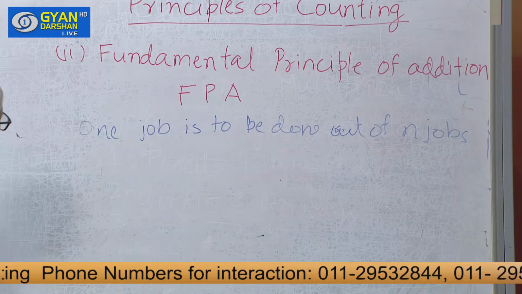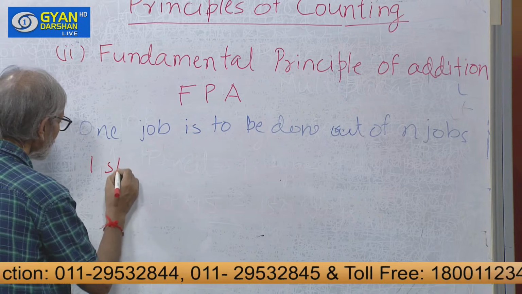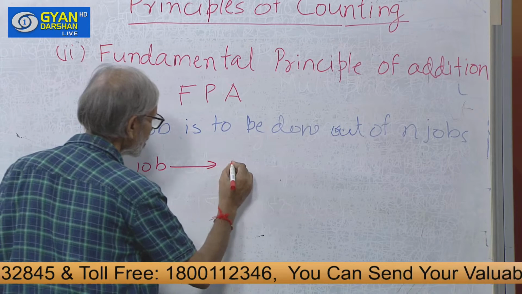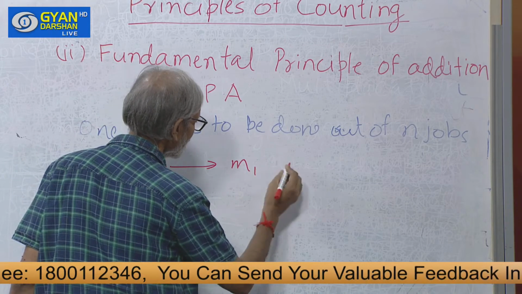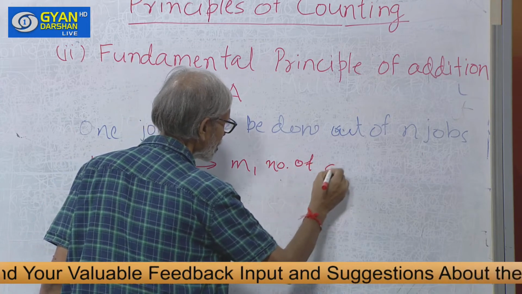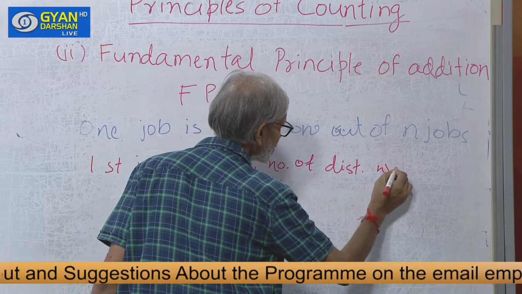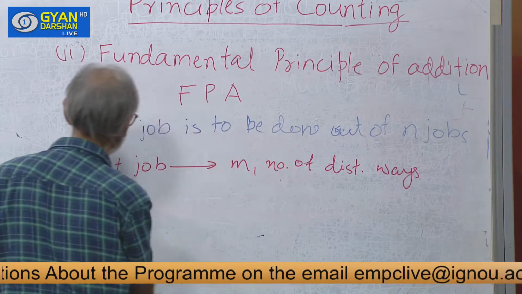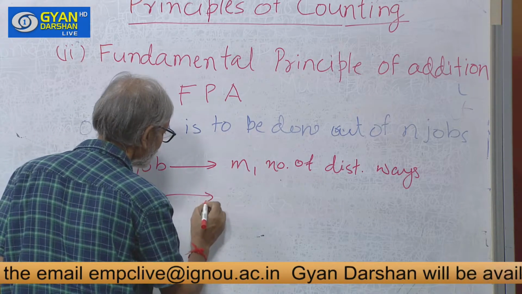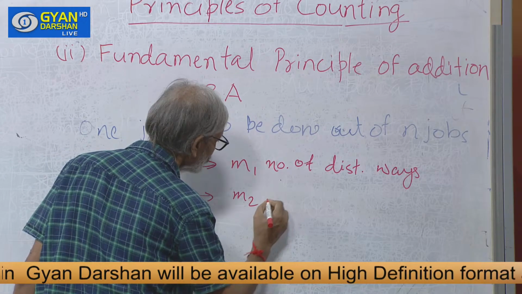So, suppose the first job can be done in m1 number of distinct ways, the second job can be accomplished in m2.